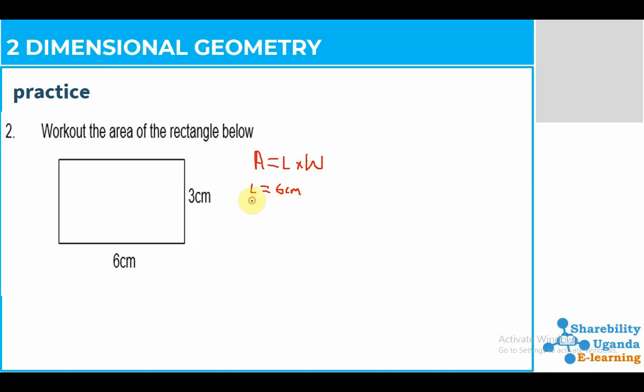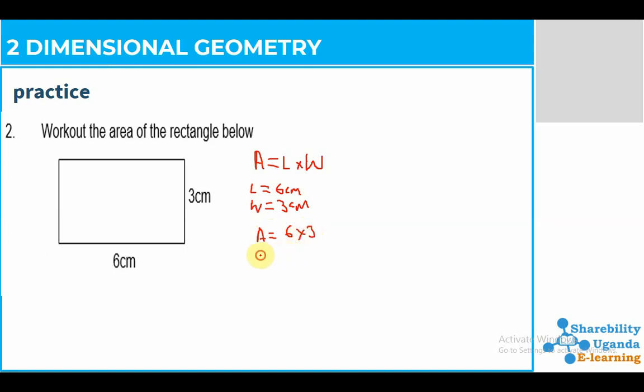Then also here you say our width is equal to 3 centimeters. Then you finally say our area is equal to our 6, which is the length, times our width, which is 3.